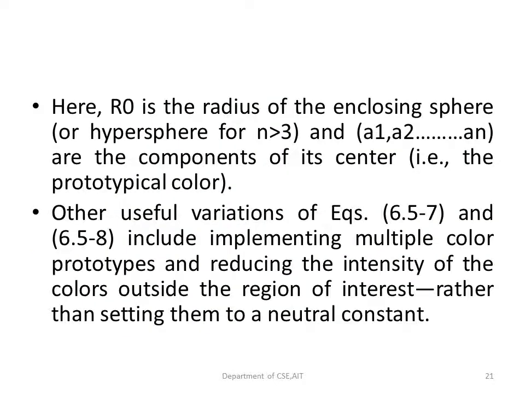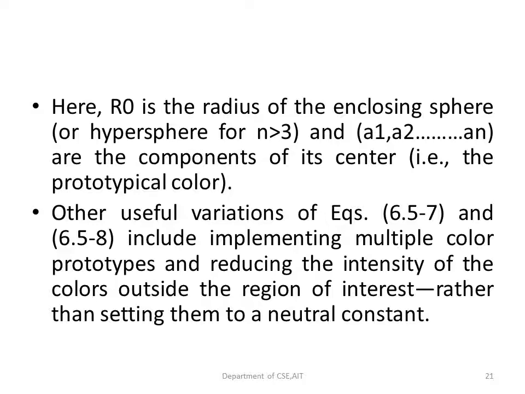Here R0 is the radius of the sphere, that is the hypersphere for n greater than 3, and a1 up to an are the components of its center, that is the prototypical color.